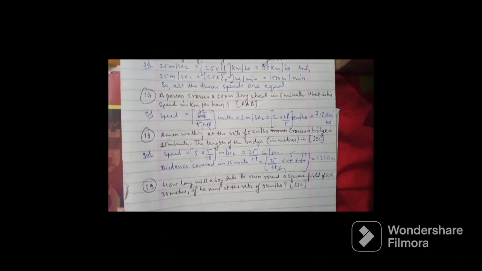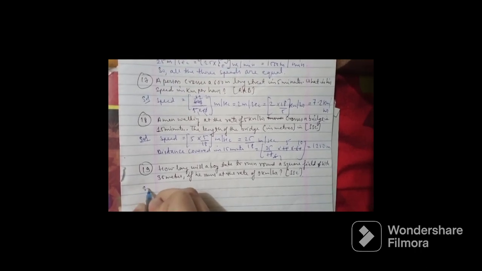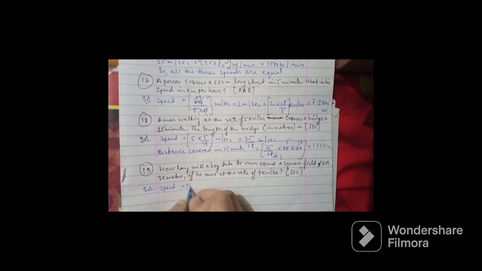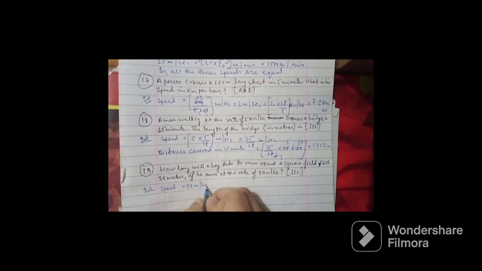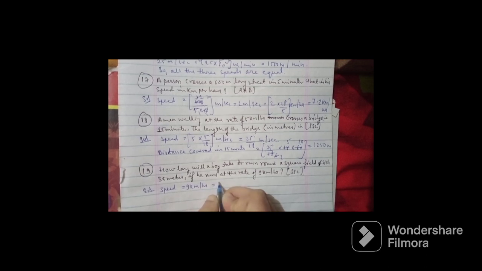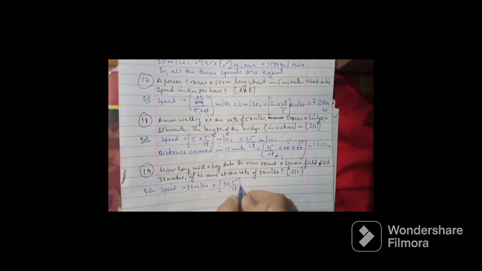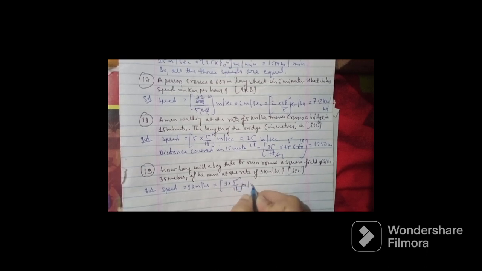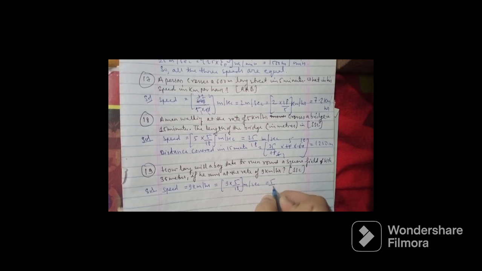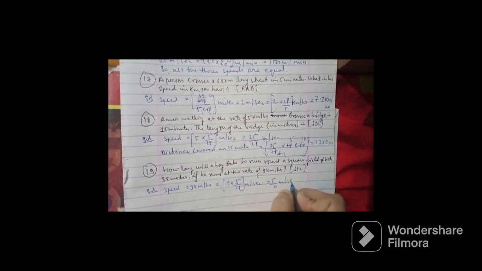So here we go. Speed equals 9 km per hour, which equals 9 into 5 by 18 meter per second, that is 5 by 2 meter per second.